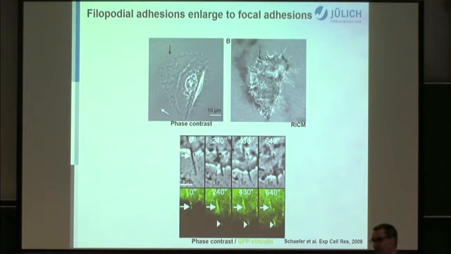So what makes the filopodium stop polymerizing is an open question. So it is still not absolutely clear. It might be that it is driven by specific regulations. It might also be that it is driven just by a limited diffusion of G-actin to the tip of the filopodium.